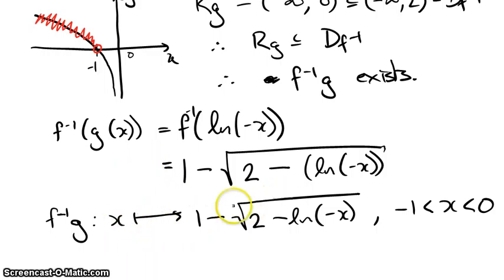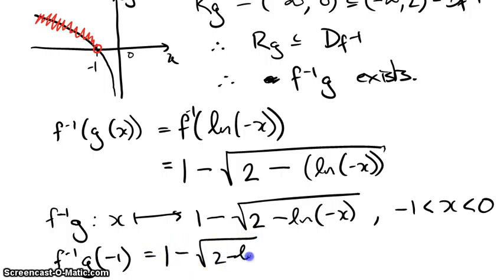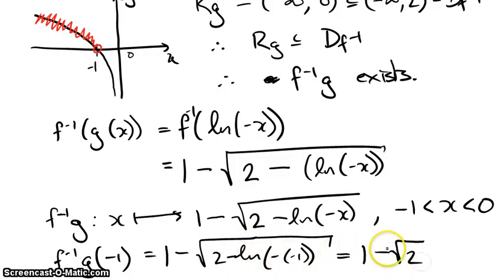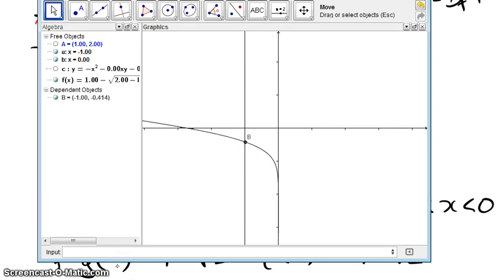So if I were to put in -1, f inverse g of -1 would be 1 minus the square root of 2 minus ln of 1. So this is just 1 minus root 2. And so that is the y coordinate that we're seeing here. This is the value, negative 0.414 is 1 minus square root 2.